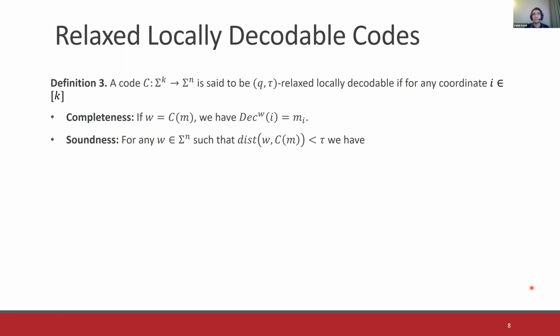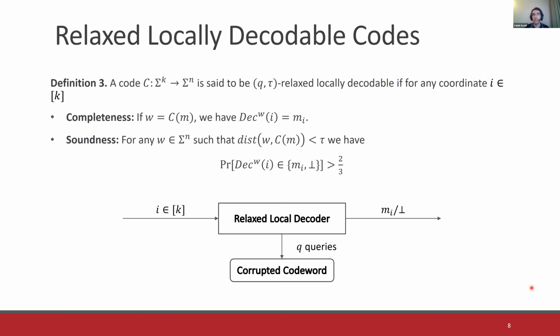And the soundness property says that if you give it a word that is not a codeword but is close to one, then the decoder should output the correct value or say "don't know" with high probability. So it basically has the same structure. It gets a coordinate in k, it reads q locations from the word, and it outputs the i-th bit of the message or says "don't know." And this symbol here is what we use for saying "don't know" in this setting.